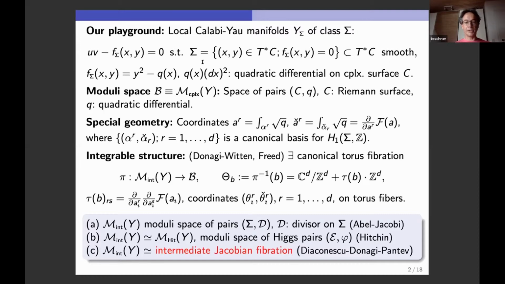What was shown is that if you specialize it to the class of local Calabi-Yaus we are considering here, it would reproduce Hitchin's description of the moduli space of Higgs pairs. Okay, so that's the playground we want to work with. This is the class of examples for which we have a reasonably concrete story, a reasonably concrete prediction or proposal to make.